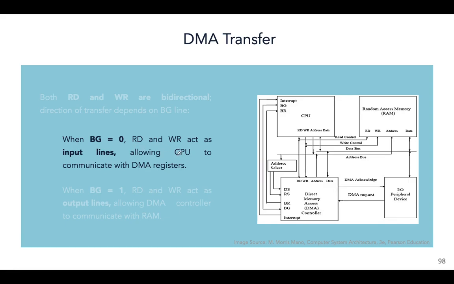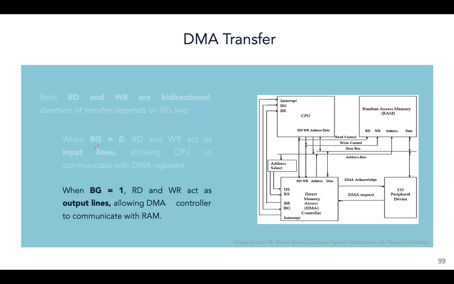That means the CPU can communicate with the DMA registers. The CPU can have direct access to the DMA registers when BG is equal to 0. When BG is equal to 1, read and write lines act as output lines, allowing the DMA controller to communicate with RAM. So you see how the flow of data from input to output depends on whether the CPU is in charge of the buses or the DMA controller is in charge of the buses.